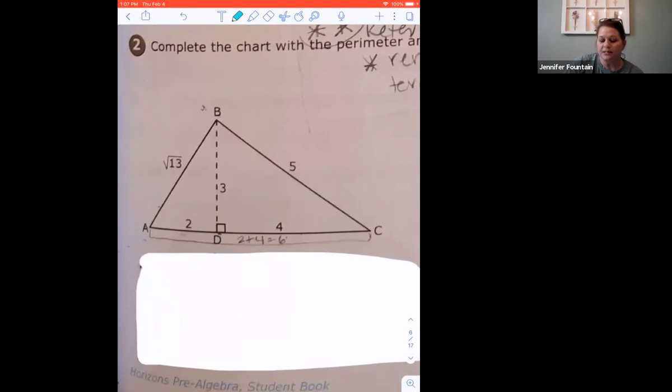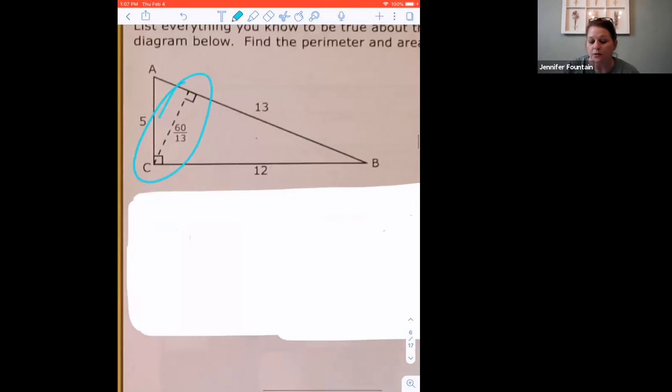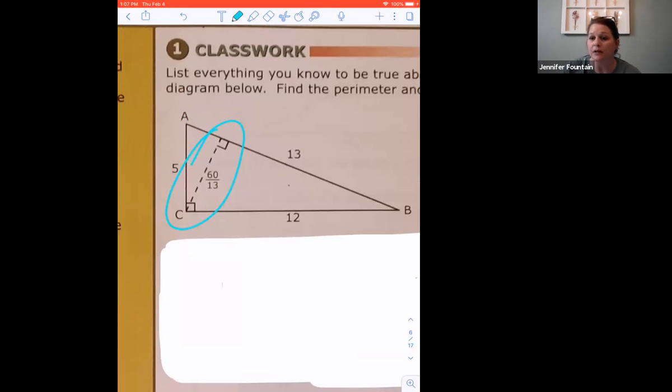But notice that this triangle in particular is not a right triangle, but they put this line right here. It's called an altitude. They put that in there to show me the height of my triangle. But if I have a right triangle, I already have the height given, and that's going to be right here. So really in this problem, this is extra information. The 60/13 is not needed information.